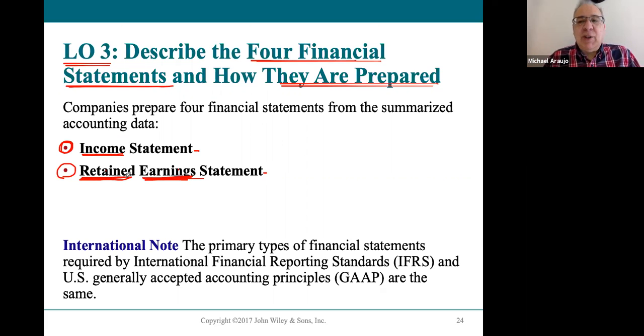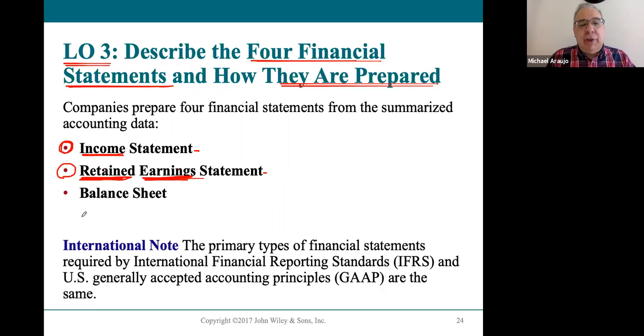Okay. How much has been kept in? Well, what else can happen to the profit of a company? Well, sometimes companies like to share a portion of the profit with the owners. And that's what a dividend is. And you read about that also in Learning Objective 2. A dividend is simply sharing a portion of the profit with the owners. They simply take the cash out of the company and send it to the owners' personal pockets. Thus, it's not retained.